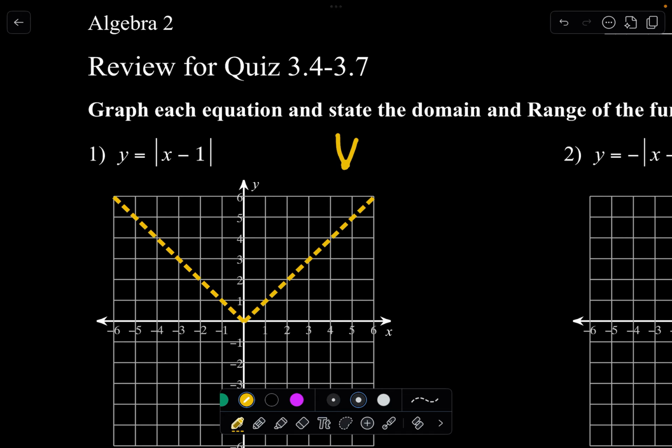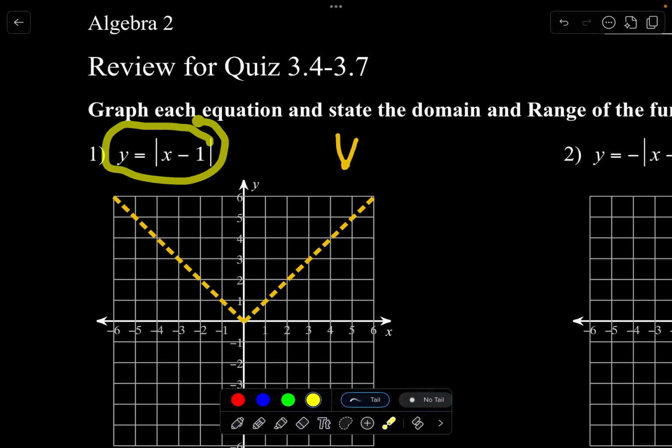So what we're going to do is look at the equation that they gave us. That's the absolute value. So it's this right here, this dashed line. But it's shifted to the right. Remember, if the number's holding hands with the variable, it's going to do the opposite of what it looks like it's saying. Because when you look at x minus 1, you're thinking it's going to the left to -1, right there. But that's not true.